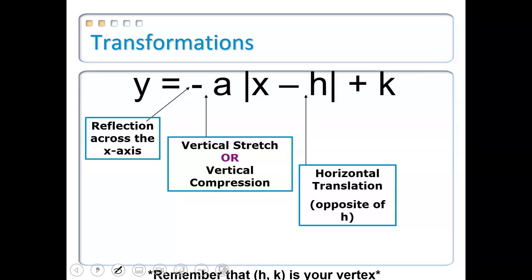It is always the opposite direction of what you see, because the formula itself is x minus. So again, the h you're seeing is a positive h because it's a minus. Or if you see a negative h, that negative is part of the equation, not the translation.